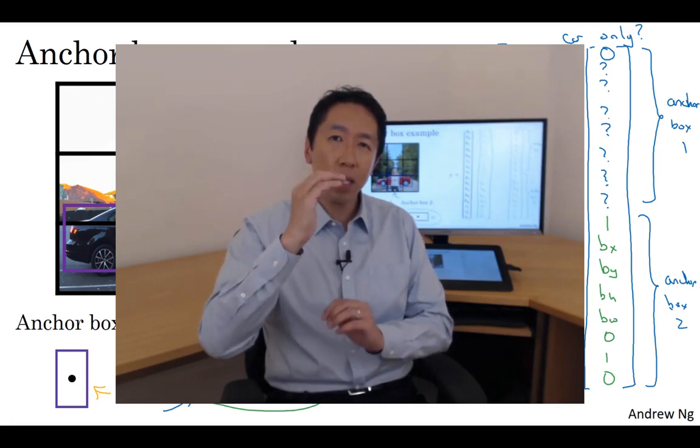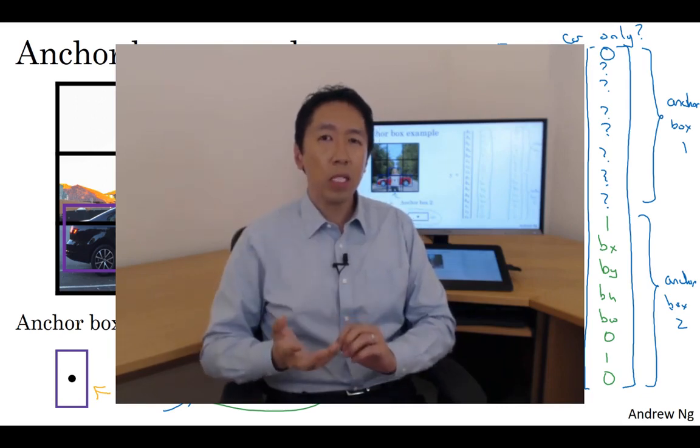Maybe an even better motivation, or even better results that anchor boxes give you, is that it allows your learning algorithm to specialize better. In particular, if your data set has some tall, skinny objects like pedestrians and some wide objects like cars, then this allows your learning algorithm to specialize so that some of the outputs can specialize in detecting wide, fat objects like cars, and some of the output units can specialize in detecting tall, skinny objects like pedestrians.